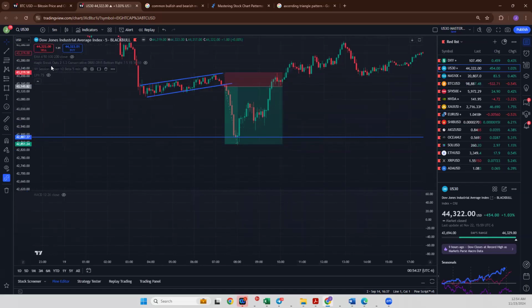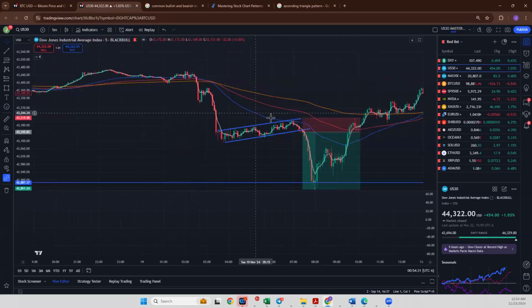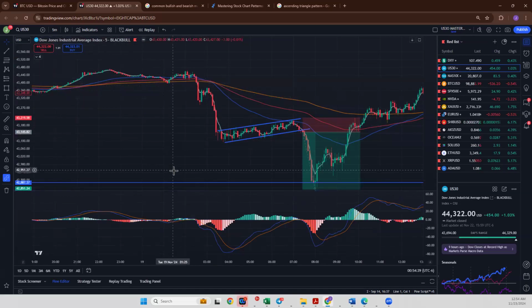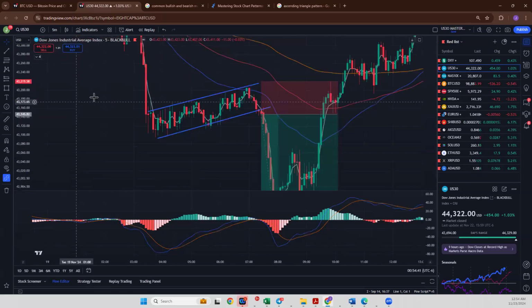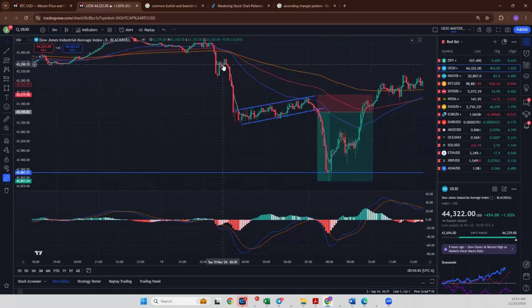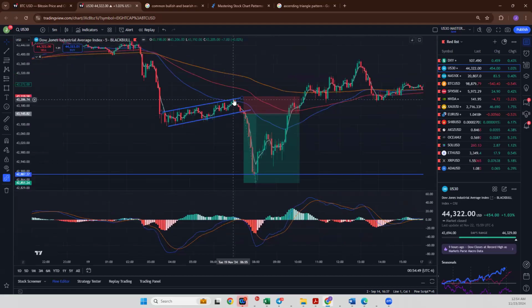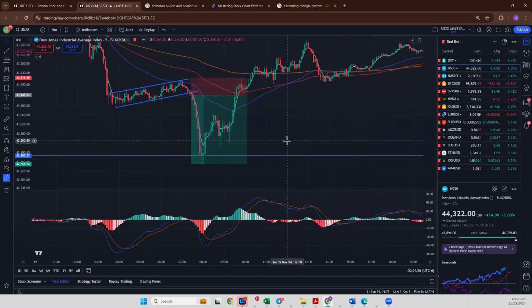But if you combine this with, say, your EMAs, this is my 50, 100, and 200 day EMA, and then I throw in the MACD on top of that, now I become very dangerous. Not only do I have the ability to identify a pattern, but I also have the ability to confirm a move off of that pattern with very high accuracy and precision.